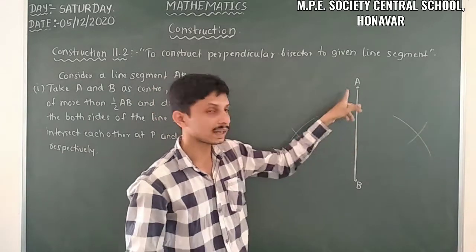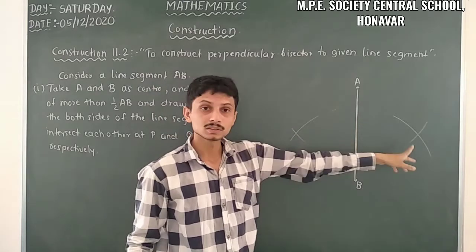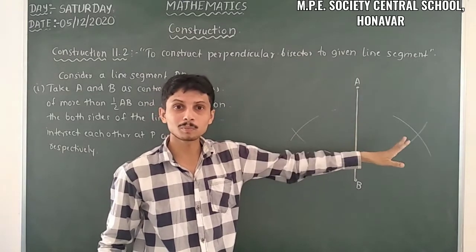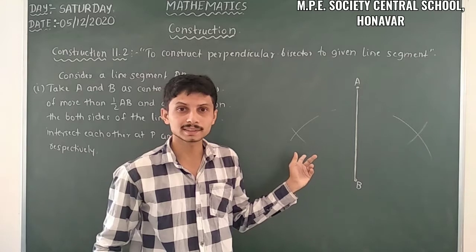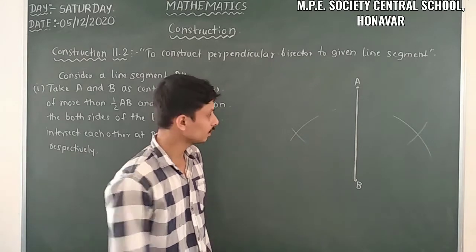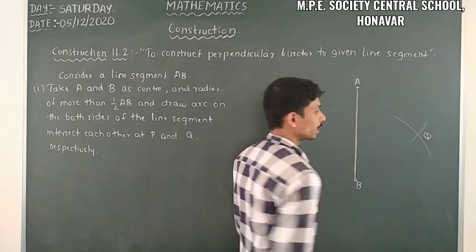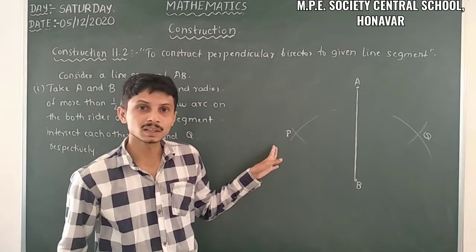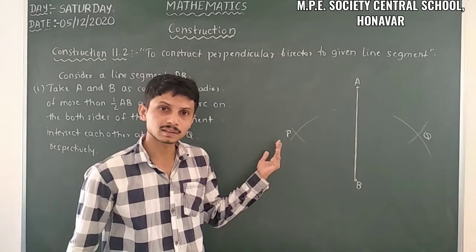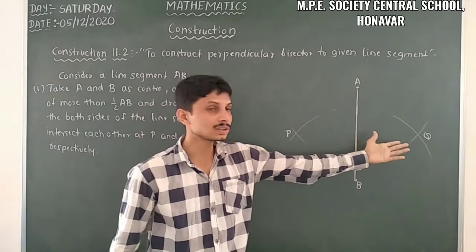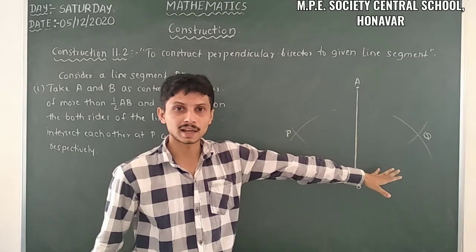We take A and B as centers, draw arcs on both sides of the line segment, which intersect each other at P and Q respectively. P is on the left side of the line segment, and Q is on the right side.